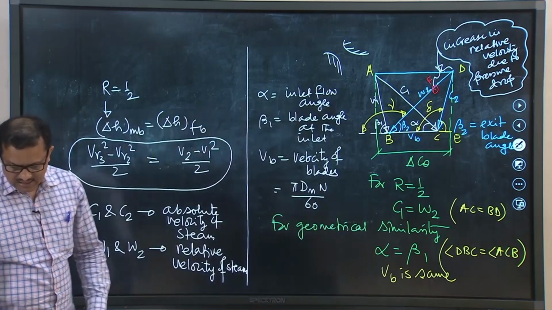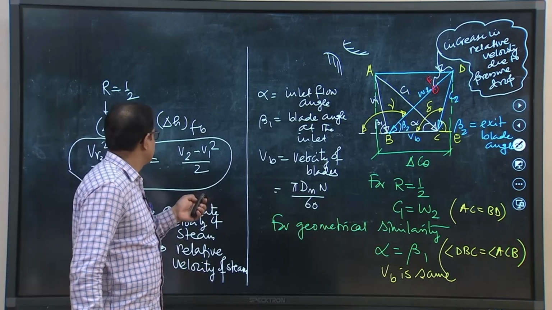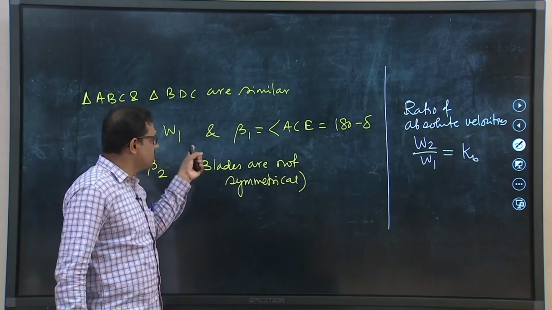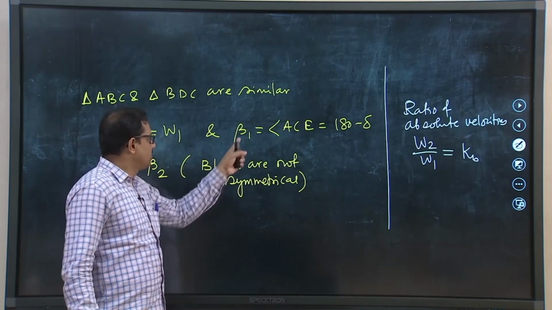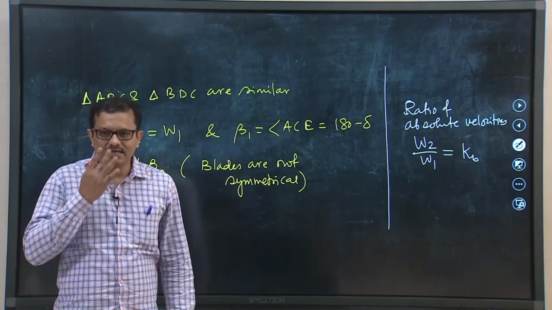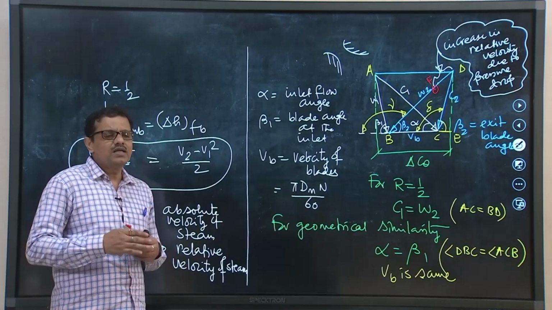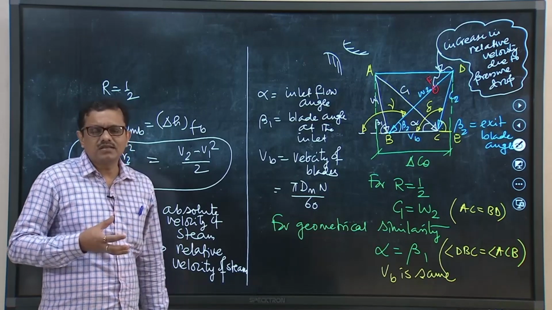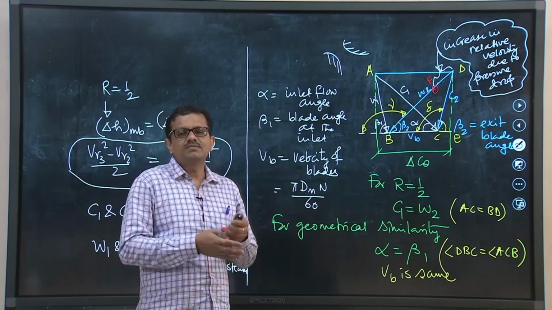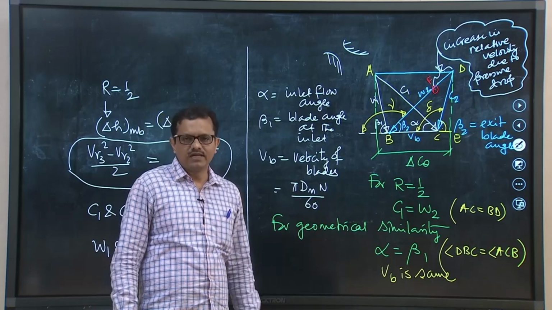That means that for 50% reaction turbine, for which C2 equal to W1, and this is the blade angle at the inlet, there is no axial thrust, but we can't say it exactly like this, there will be a small amount of axial thrust that is solely due to change in pressure when steam is passing through the first row or second row or third row of moving blades.